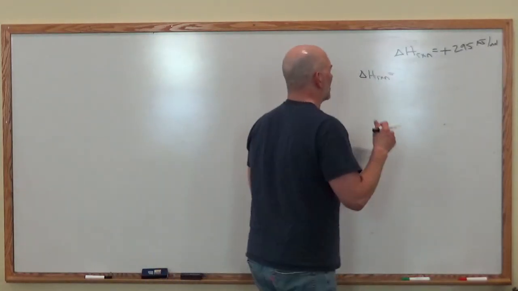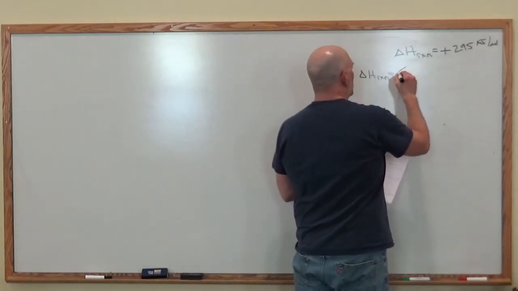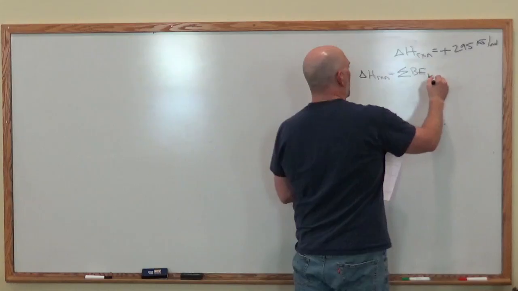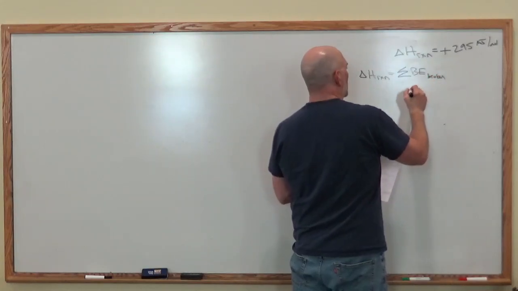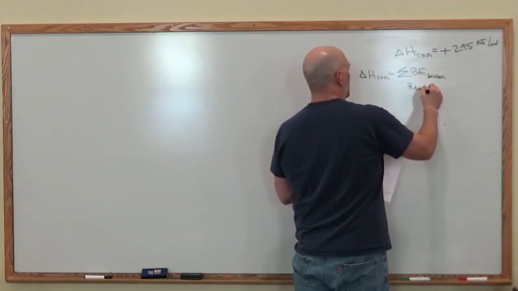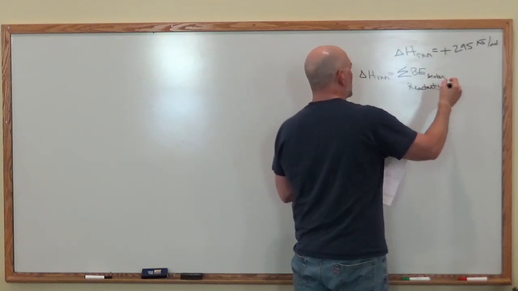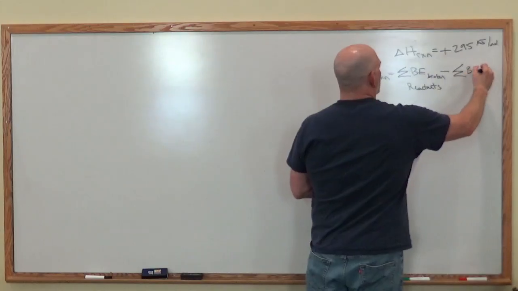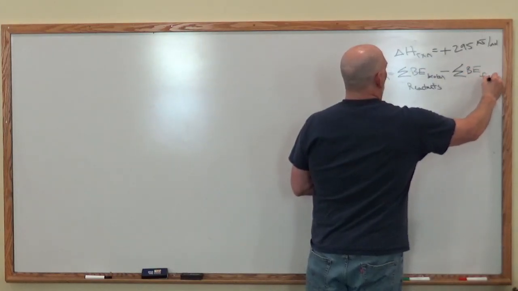Using bond energies, it's kind of the opposite. You add up the bond energies of all the bonds that are broken, which really those are the reactants. So it's almost the opposite equation, minus the sum of the bond energies that are formed.